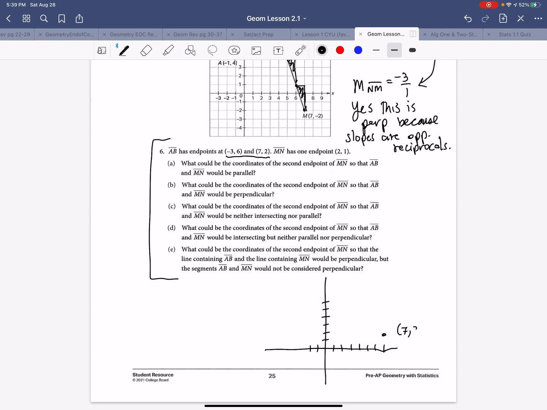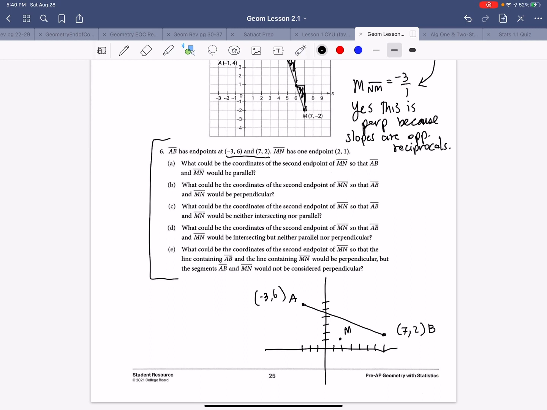So there's 7, 2, which is point B, and -3, 6, which is point A. Okay, and it says MN has one endpoint, 2, 1. M. We don't know if it's M or N, but let's just assume it's M. What could be the coordinate of the second endpoint of MN so that AB and MN are parallel?